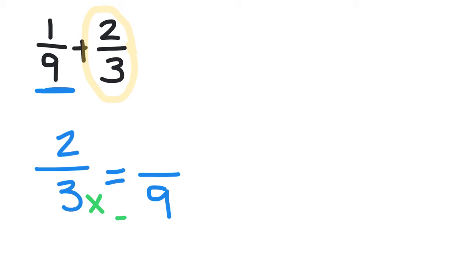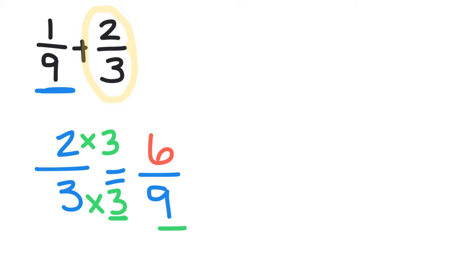So 3 times what would get me 9? 3 times 3 would get me 9. So if I multiply 3 times 3, I must also multiply the 2 times 3. 2 times 3 would get me 6 ninths. So now I know that 2/3 is equivalent to 6 ninths.